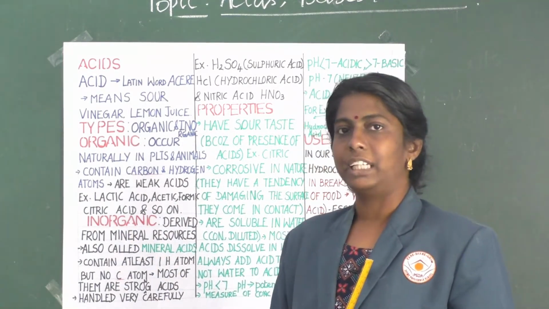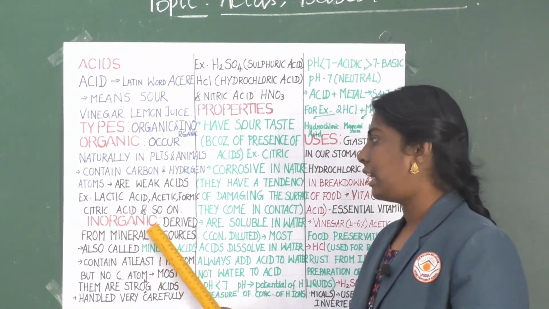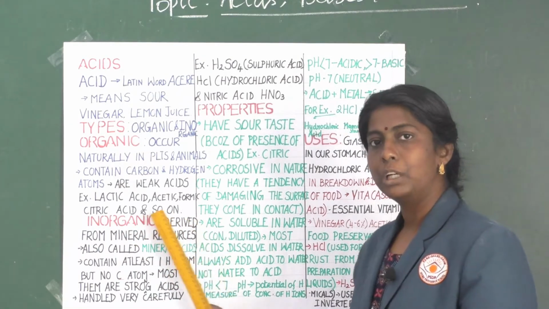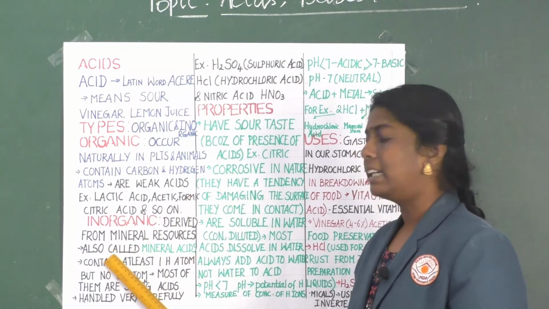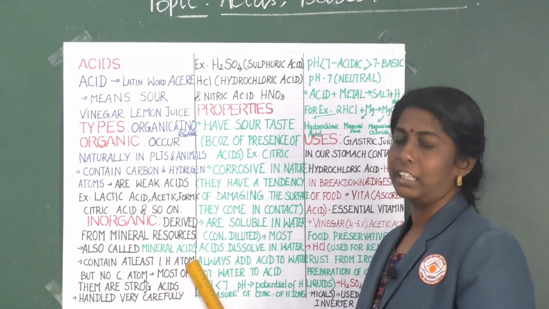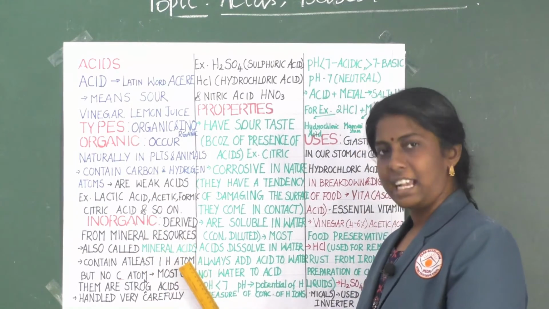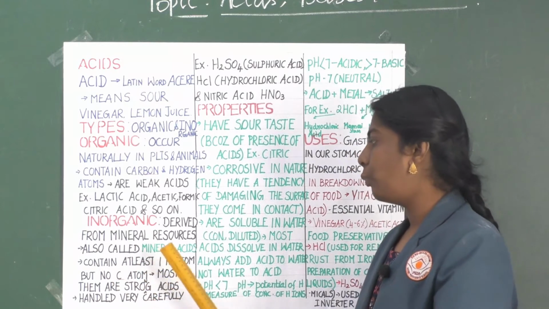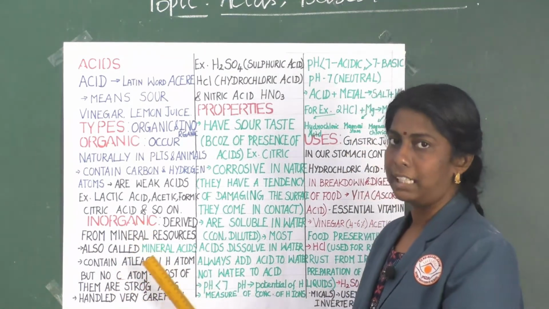The second classification, inorganic acids. They are derived from mineral resources, so they are also called mineral acids. Clear? They contain at least one hydrogen atom but no carbon atom.